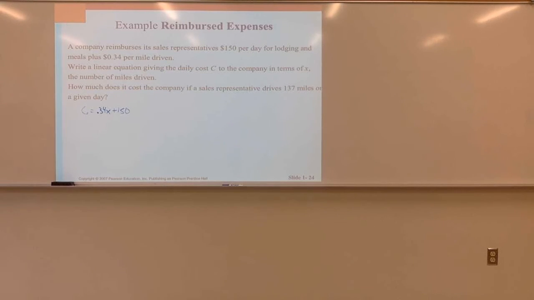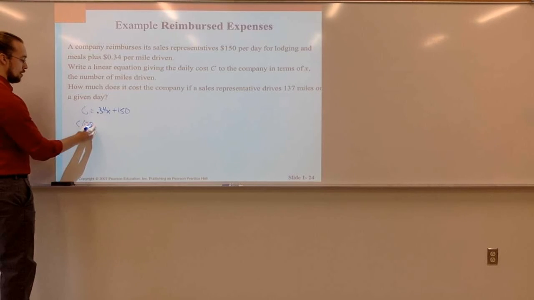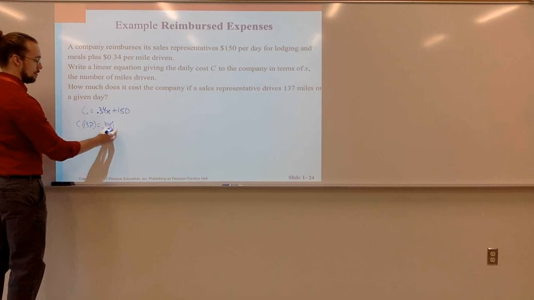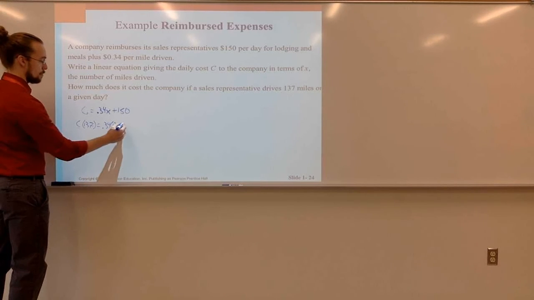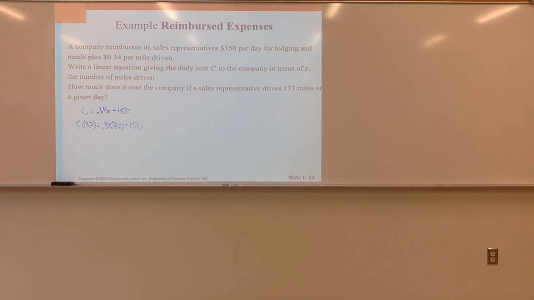Then to figure out how much it costs the company, we would plug in 137 for x. 137 times 34 cents a mile plus $150 for lodging and meals.